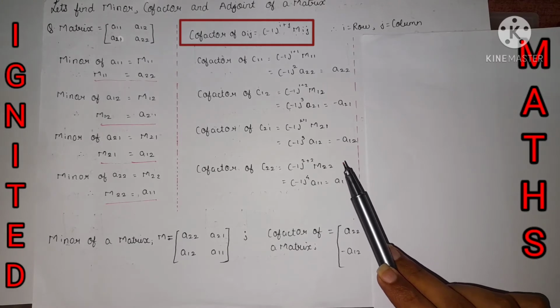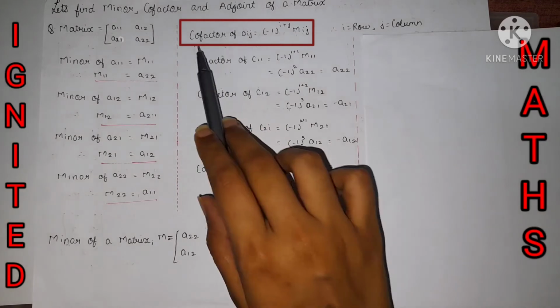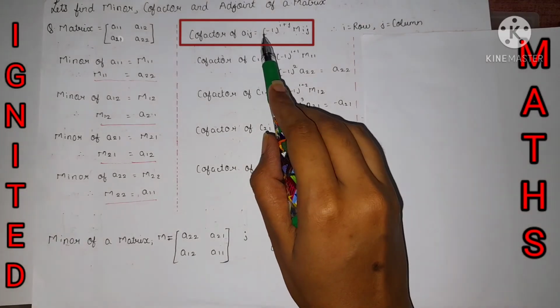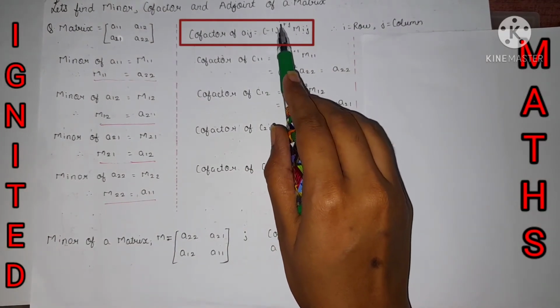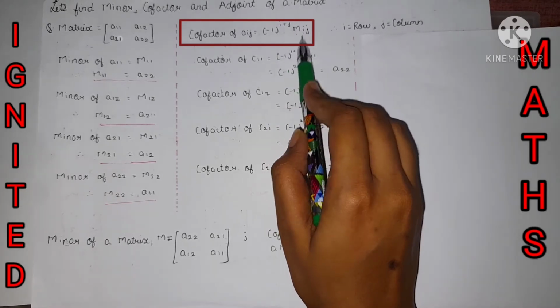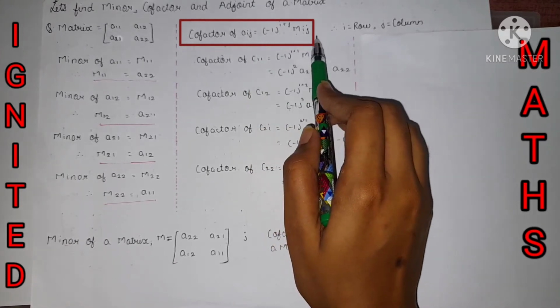I have already mentioned it while doing the minor elements also. So here is the formula of the cofactor of element Aij. The formula is minus 1 raised to i plus j, where i plus j is nothing but row plus column, multiplied by the minor Mij, the specific row and specific column mentioned over here.